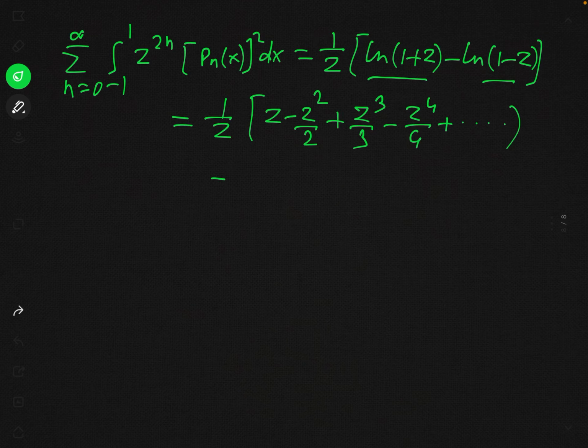And minus ln of 1 minus z, since here all terms are negative, due to this minus you can write it as plus z plus z square by 2 plus z cube by 3 plus z4 by 4 plus so on.